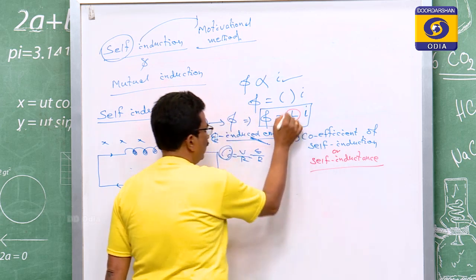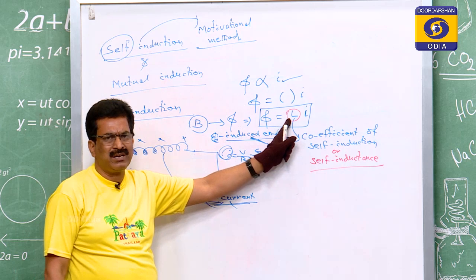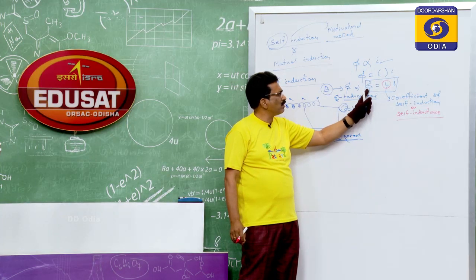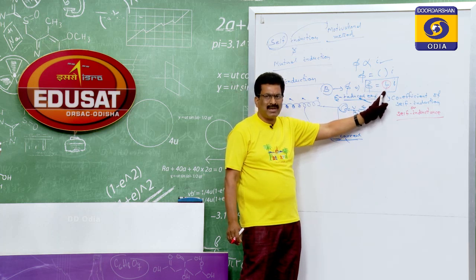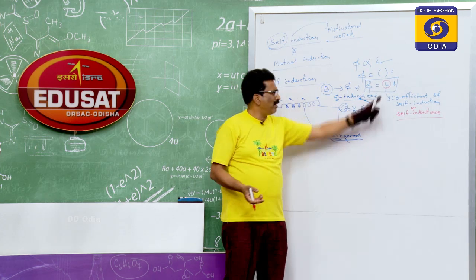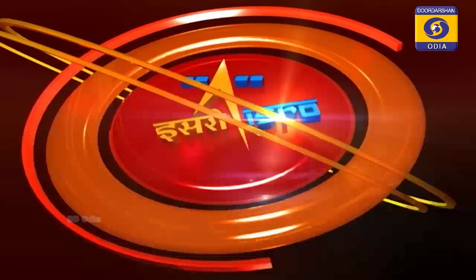This is the generally used symbol for the coefficient of self-induction. And if phi is there, Lenz's law is automatically applicable, and when we go for Lenz's law and Faraday's law, another expression of self-induction will arise, and that we will come to know later.